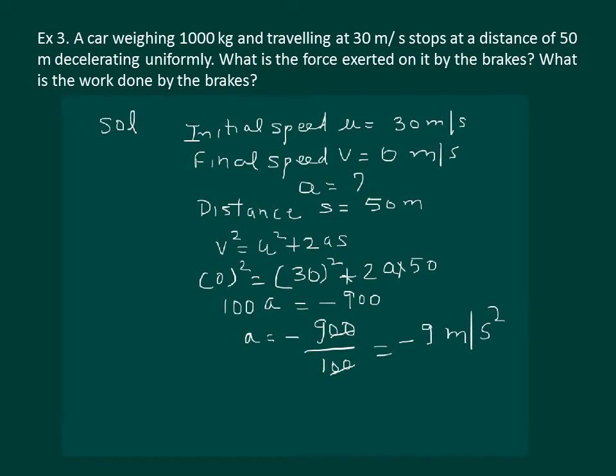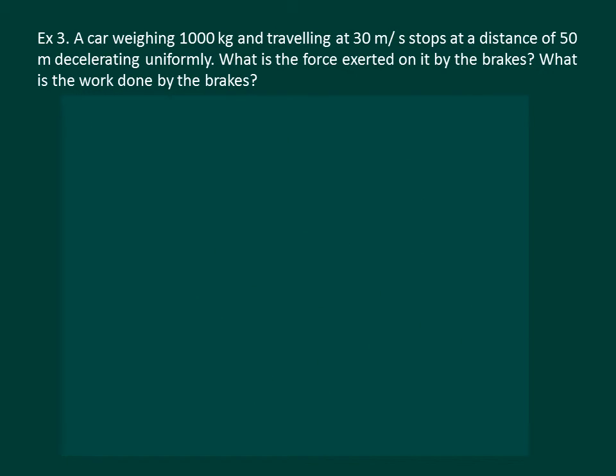So the force exerted by the brakes can now be calculated by which formula? We know that F equal to m into a. The mass in the question is given as 1000 kg, and the acceleration we have calculated is minus 9 meter per second square.